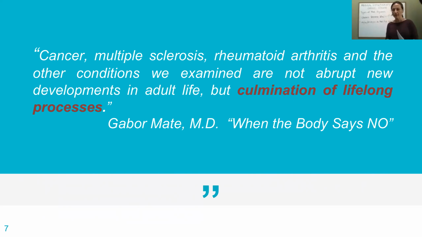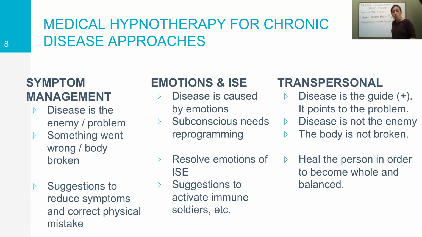I called them in the manual three different generations, because that first generation was prevalent like 70 years ago. The second was from the 70s and 80s. And then what we're going to be mainly focusing on is much more recent. So what I discovered as I was studying was that we have these three different ways of working with chronic disease within the NLP and hypnotherapy practices.